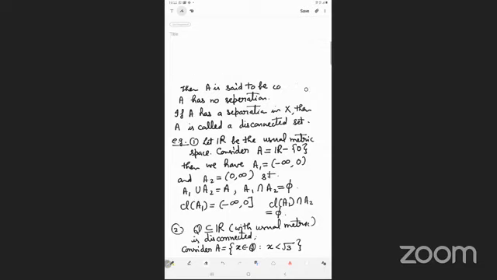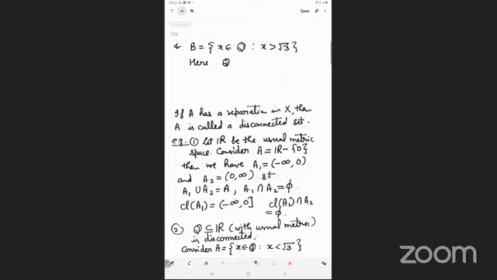Here it is quite obvious that Q is A union B. And of course, A intersection B is phi. And the third condition, which we have just seen earlier, is also correct. So we can say that Q is disconnected in R.